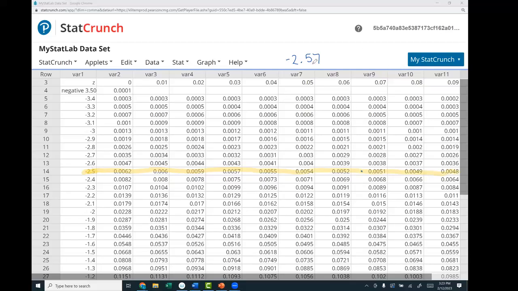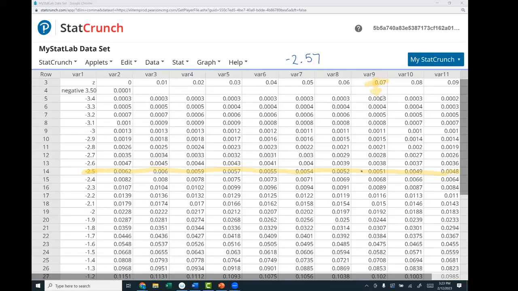And if I want 0.07, notice here's 0.07, so I would look down this column. See if I can make this a little wider.